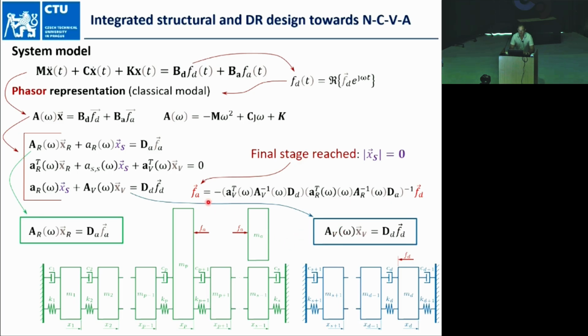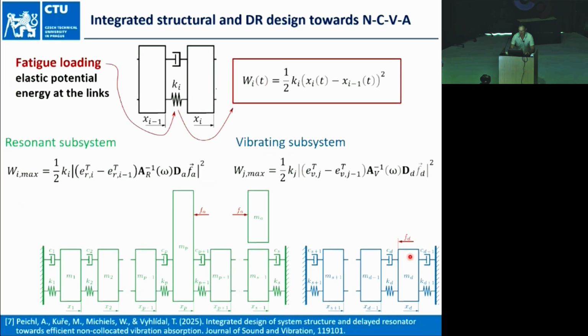And also after some manipulation, we can express the absorber force, or the force which is being generated by the absorber, in terms of the excitation forces, and then we can use it in the synthesis.